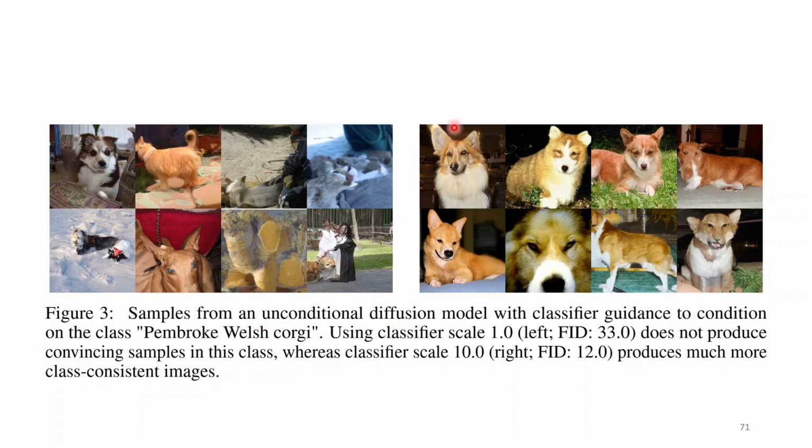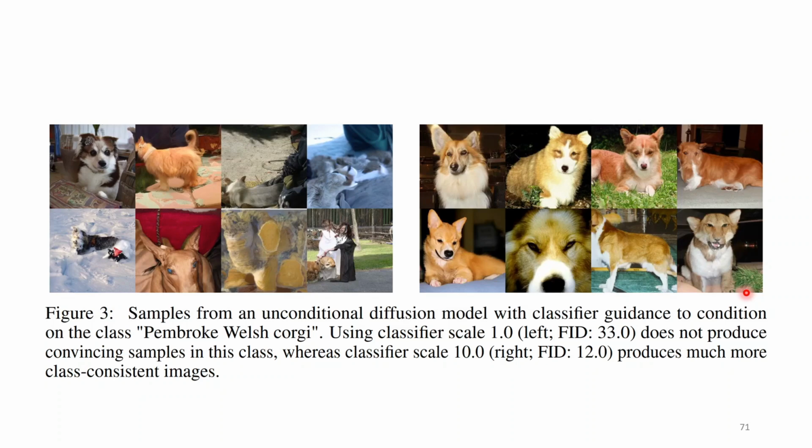But if we set a relatively large scaling factor, then we can guide our diffusion model to generate the latent code or the image preferred by the classifier.